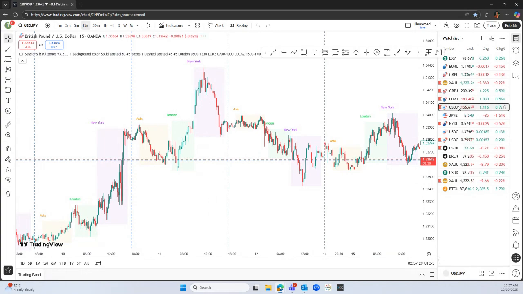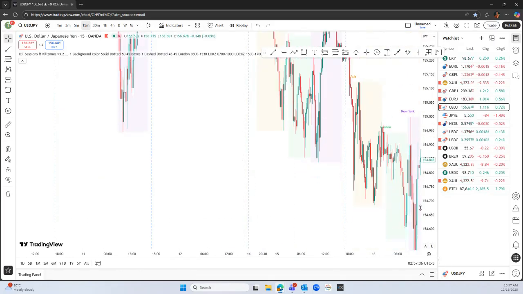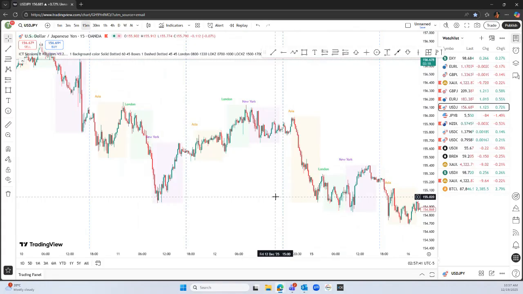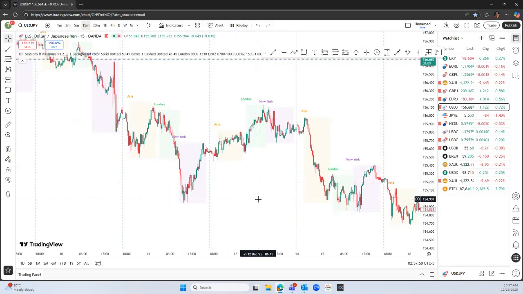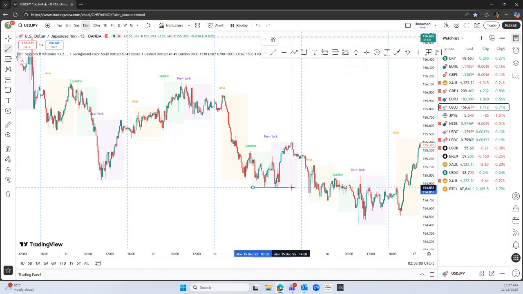The third pair that you can trade is USD/JPY. This is USD/JPY on the 15 minute time frame. Why USD/JPY? Because it responds well to liquidity sweeps. If you look at the liquidity sweeps, for instance, we see the London liquidity being swept here, and then we see the price push up.